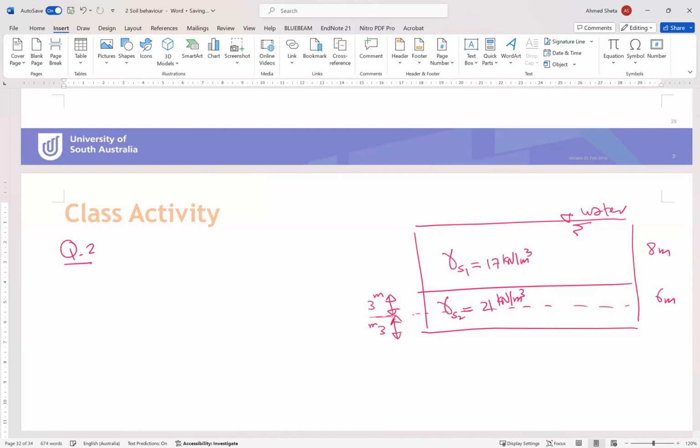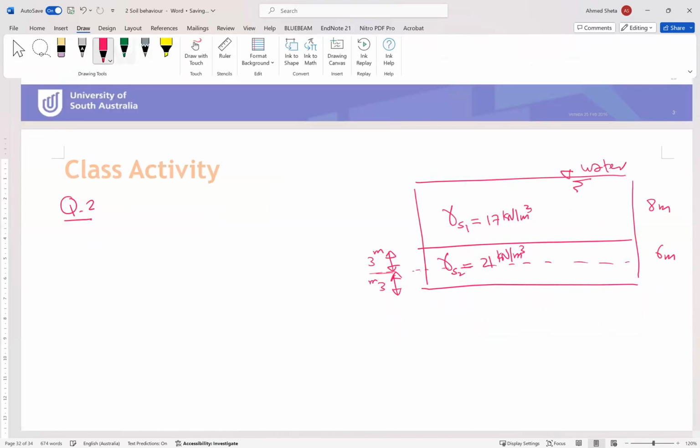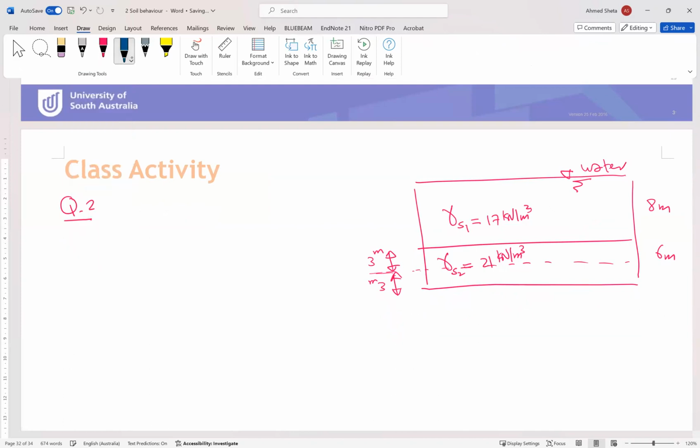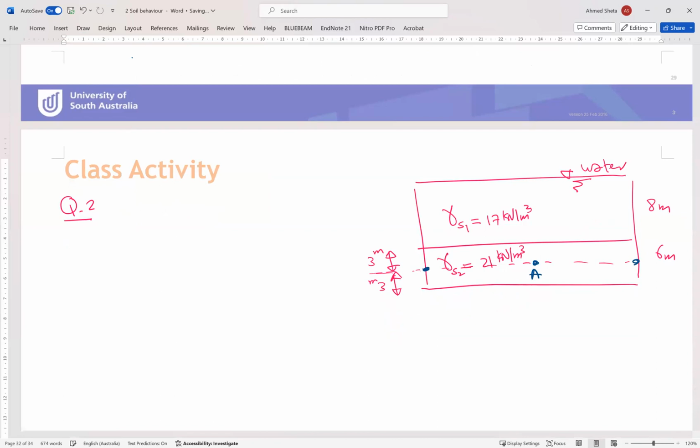Okay, so how to find the first requirement, which is the stress at any point here, so point A, for example.